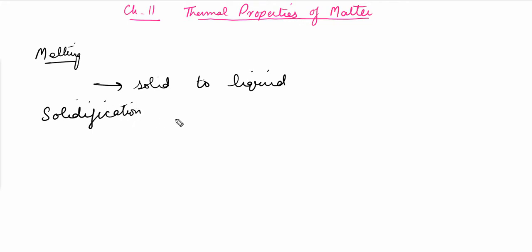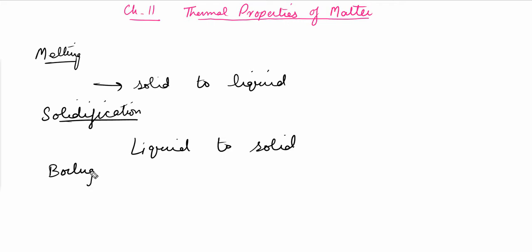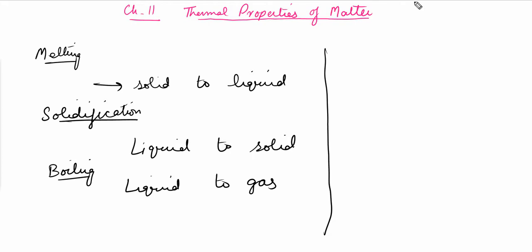Solidification or freezing happens when a liquid converts into solid. Then comes boiling. Boiling happens when a liquid is converted into gas. And the next one is condensation. Condensation happens when a gas is converted back into liquid.